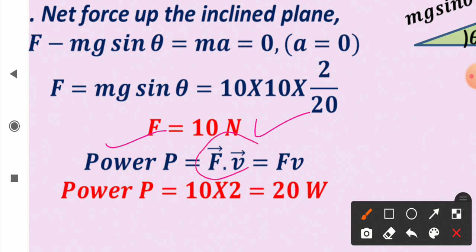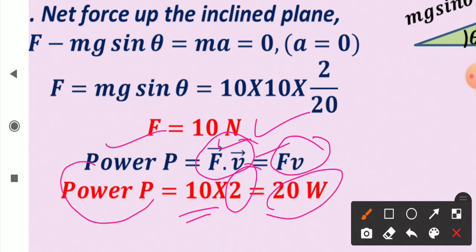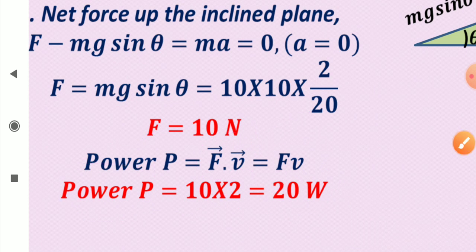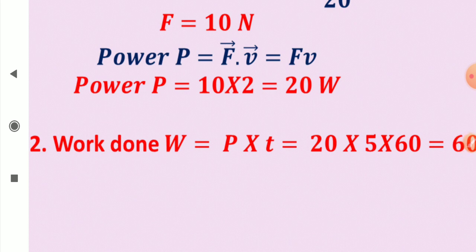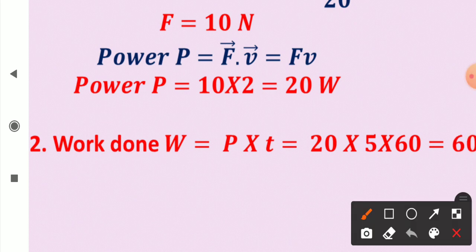And power is F dot V, and force and velocity are along the same direction, so it is Fv. Force is 10, velocity is given to be 2 meter per second. So the power used is 20 watt. So the power applied is 20 watt, and the work done in 5 minutes is power into time.